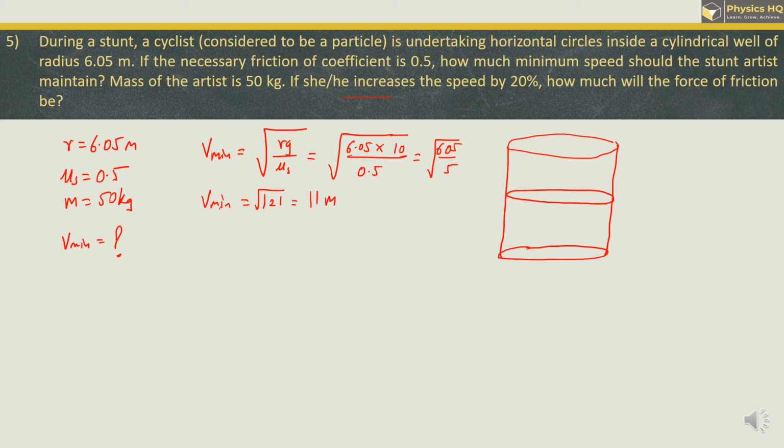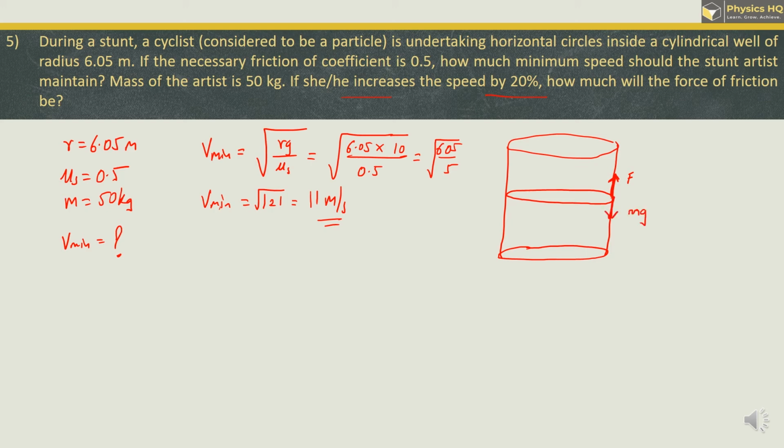So this is the minimum speed at which the cyclist should go. Next question is, if he or she increases the speed, how much will the force of friction be? See, for this we need to understand for equilibrium there is this frictional force which is acting upward, and this frictional force is equal to the weight of this cyclist which is downward.